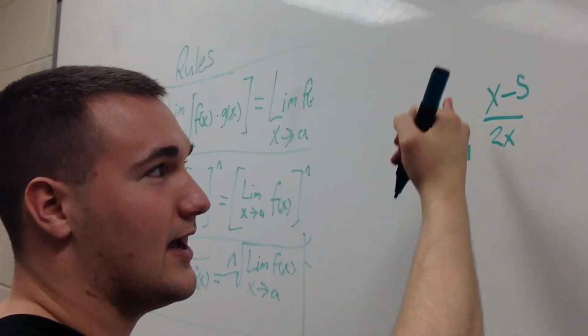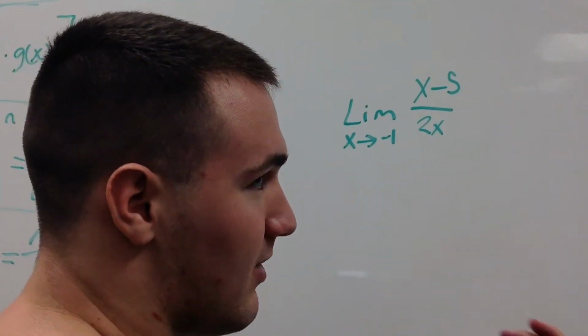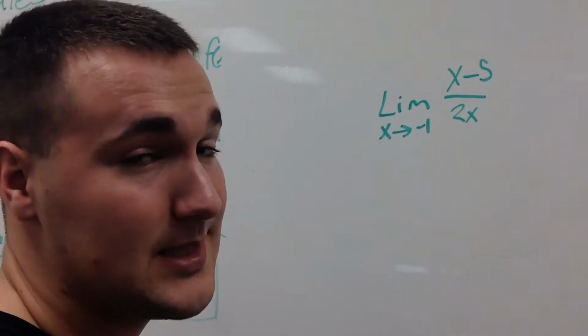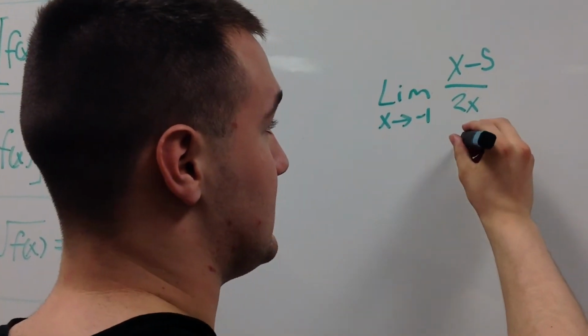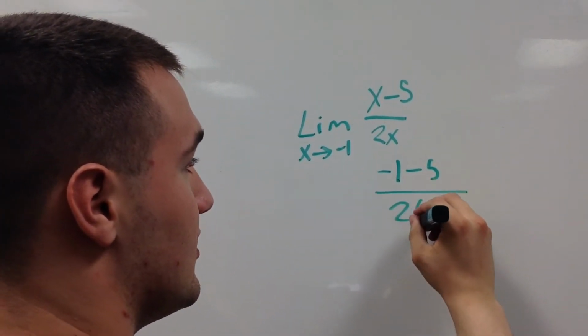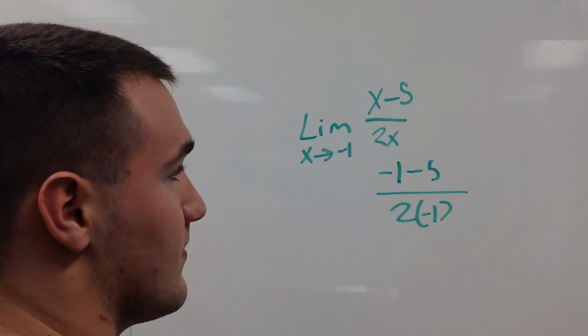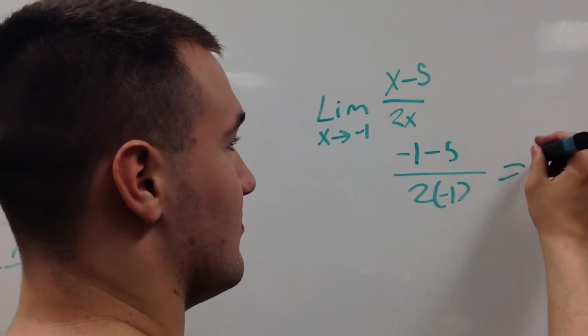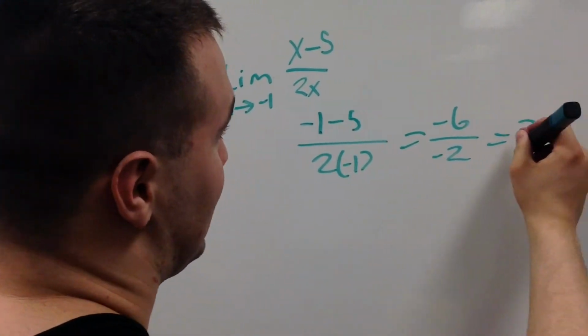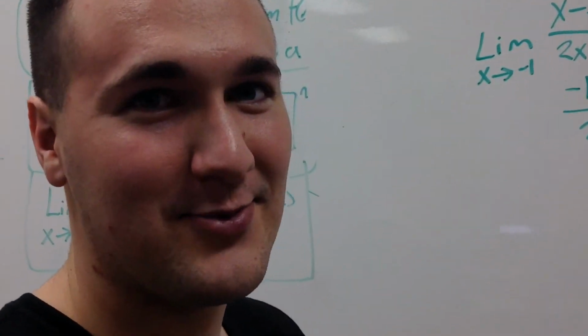Basically, you don't have to write the limit as x approaches -1 every time. As long as you know to plug in that -1 where the x is, you can just think of it like this: -1 minus 5 over 2 times -1. Okay, so that's -6 over -2, which is 3. It's just that simple.